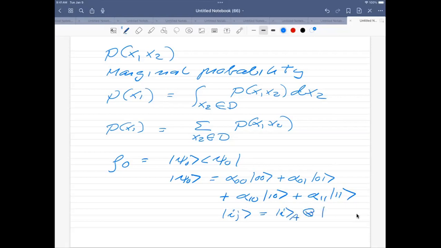And just remember now that these ij's here are simply the tensor products of the two qubits in the different subsystems. So what I'm interested in now is the subsystem. In analogy with the marginal probability, I'm going to trace out one of the variables, as we did with the marginal probabilities, where we either integrated away or summed away one of the variables, so that we're just left with a probability in terms of one of them.